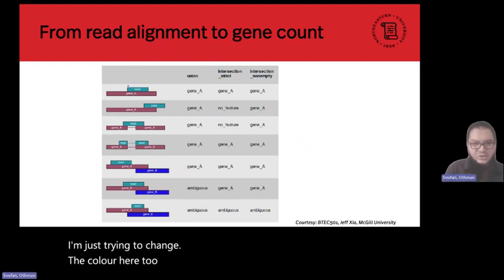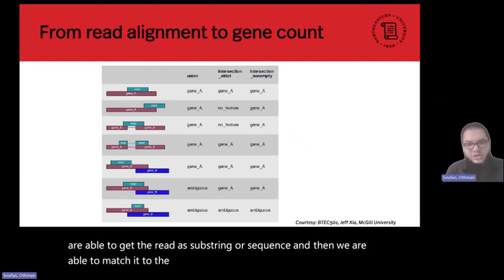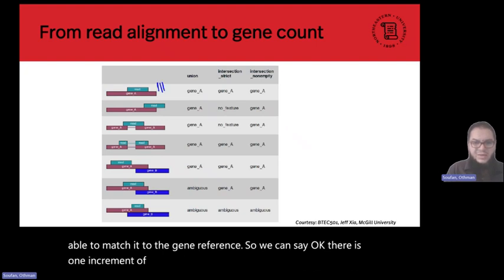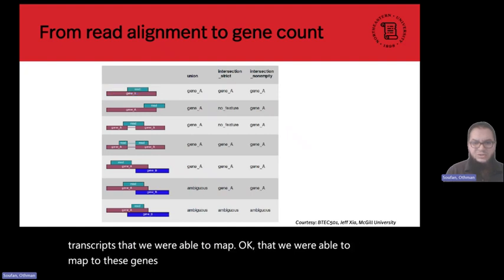Okay, so this is the read. This is direct: we are able to get the read as a substring or sequence, and then match it to the gene reference. So we can say there is one increment for that gene, and keep counting the number of transcripts that we were able to map to this gene. So we get the quantification.